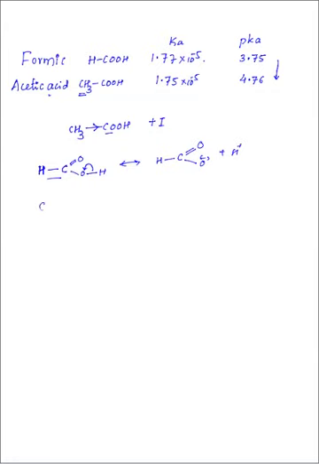But in acetic acid, this is CH3 C double bond O OH. To form the acetate ion, it should take these electrons, but here the adjacent methyl group is releasing electrons towards this carbon, so that this carbon becomes somewhat unstable. And here also the electrons which are transferred on oxygen, CH3 C double bond O O minus.